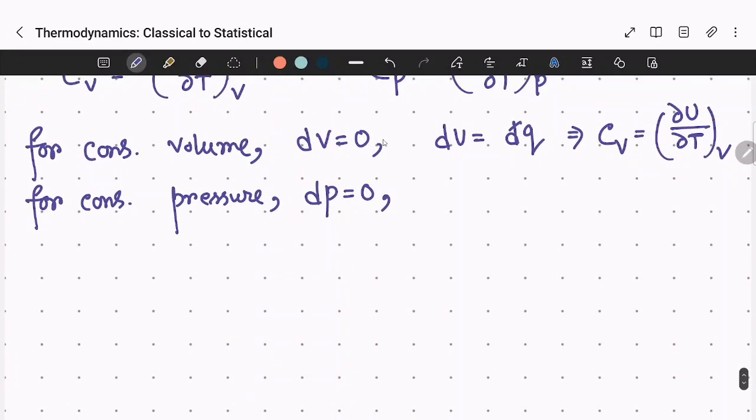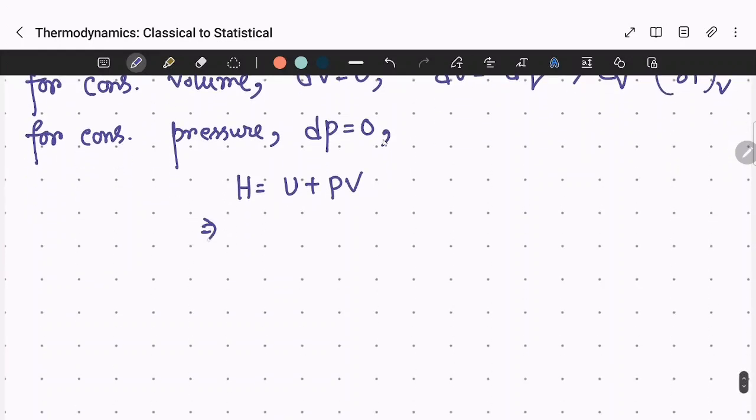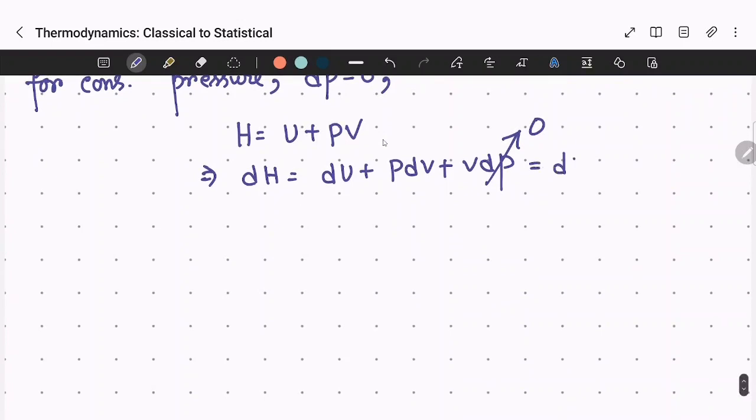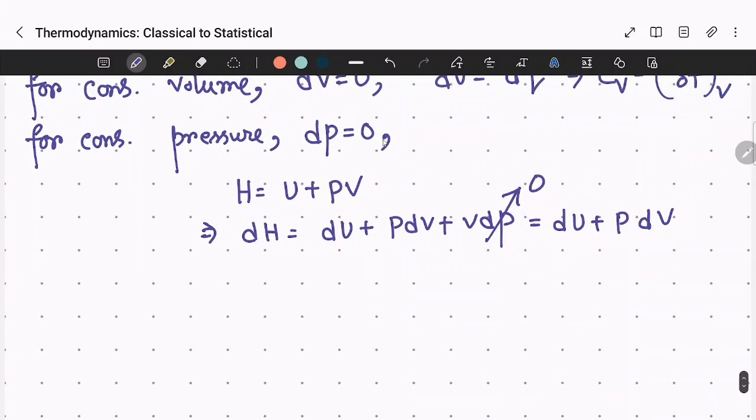So for a constant pressure process, we know that H equals U plus PV. If it is U plus PV, then dH is equal to dU plus PdV plus VdP. Now for a constant pressure process, this term will be 0. So it's only dU plus PdV.